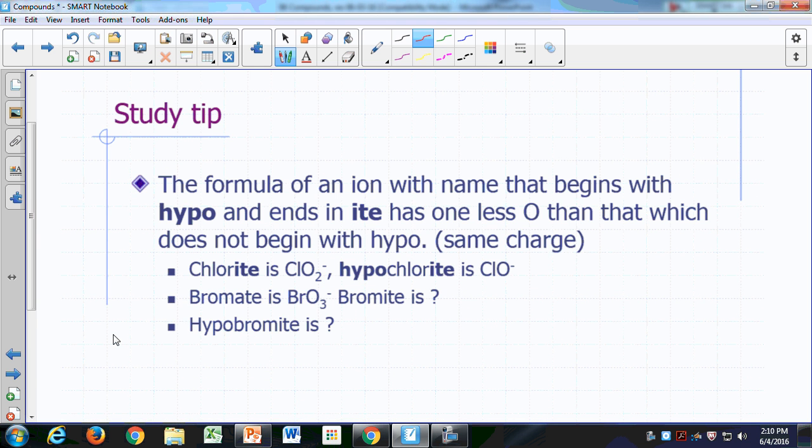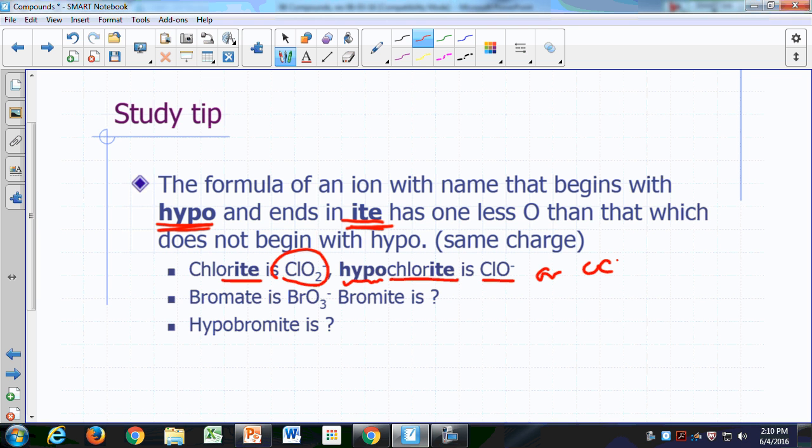Now, the formula for an ion whose name begins with hypo and ends in ite will have one less oxygen than the ion that doesn't have the hypo in the name. For example, chlorite is ClO2 minus. This is still chlorite, but you put a hypo in front, you have one less oxygen. It's ClO minus.